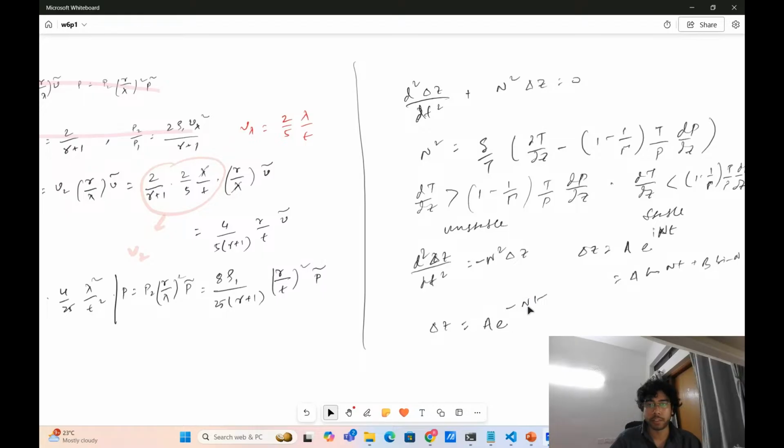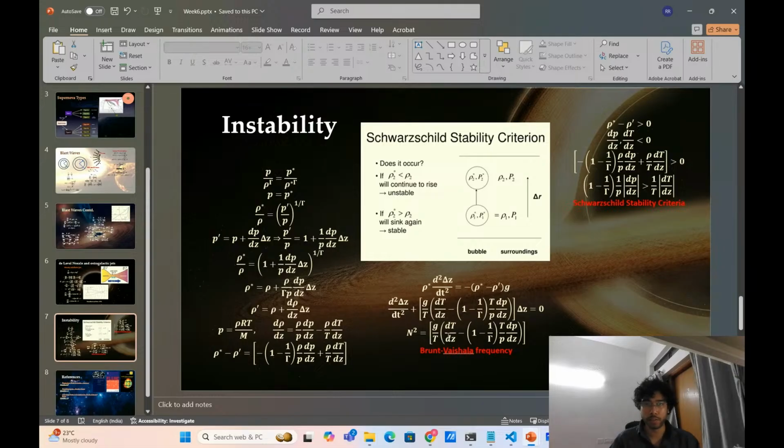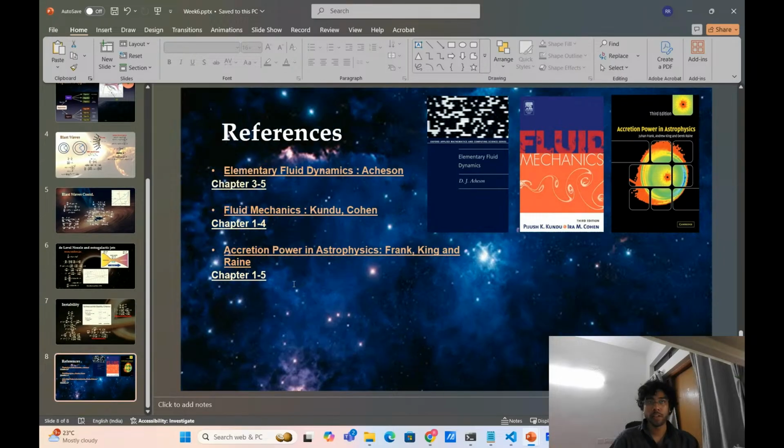If the system is unstable, the perturbation will grow as N, and if the system is stable, it will oscillate, with the oscillation frequency given by the Brunt-Väisälä frequency N.